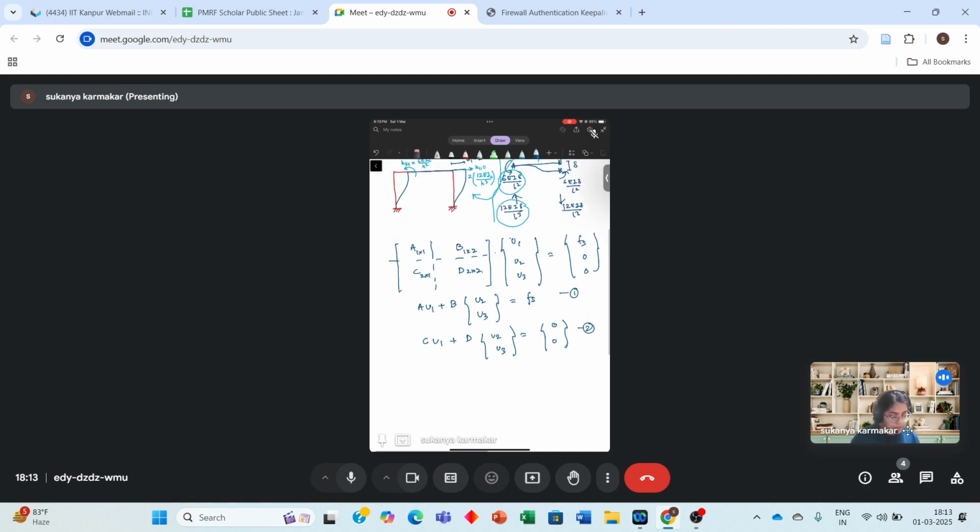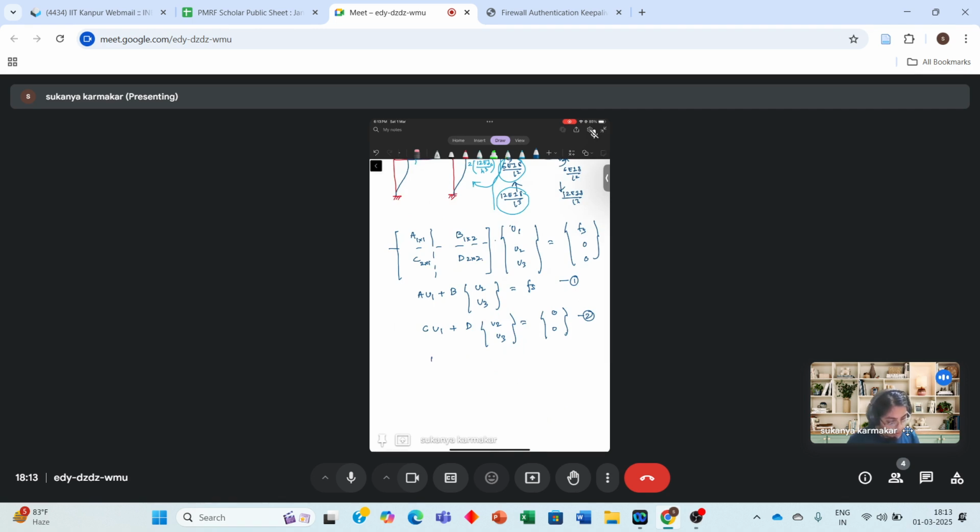Yes, ma'am. So from here, I can calculate U2 and U3 from equation 2. What will be U2 and U3? I take C U1 to the right hand side with a minus sign and multiply with D inverse.